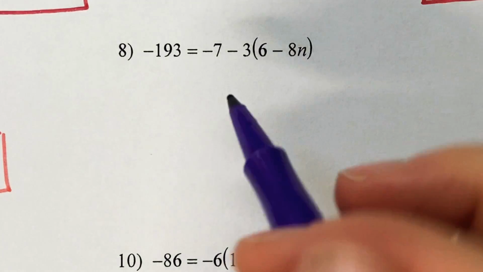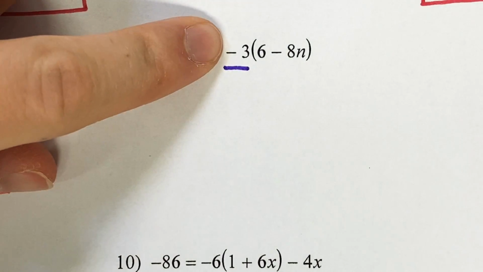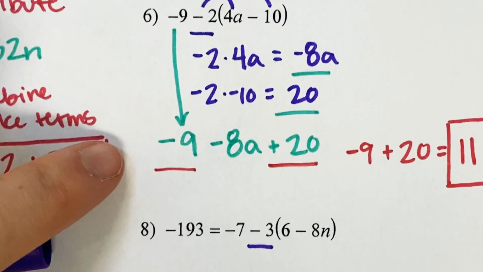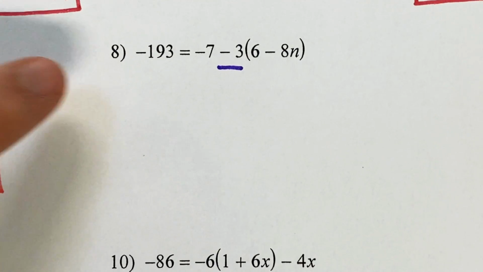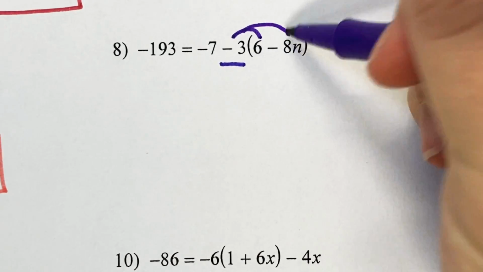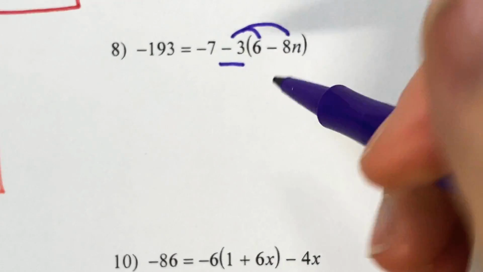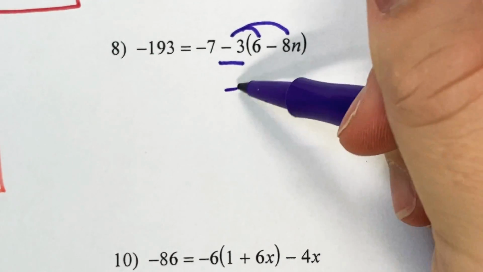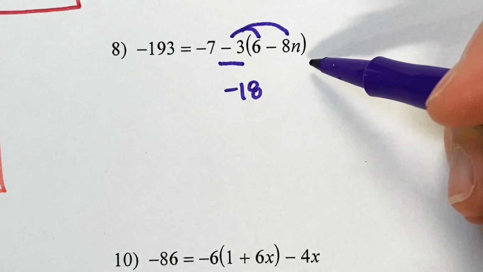Okay, it's going to be this negative 3, right? So ignore the negative 7. This negative 7 is just like this negative 9 that we're going to ignore until we have to combine like terms. So first let's distribute. So I get negative 3 times 6. What is that going to give me? I'll just write it right under. It's going to give me negative 18. Negative 3 times negative 8n.